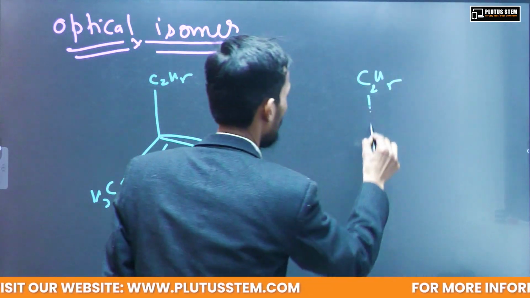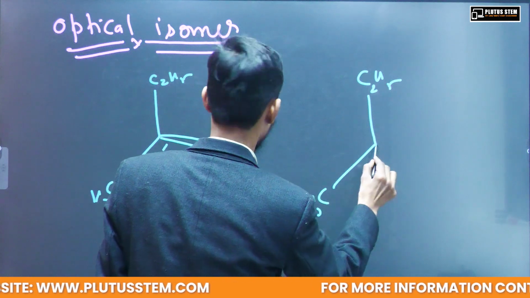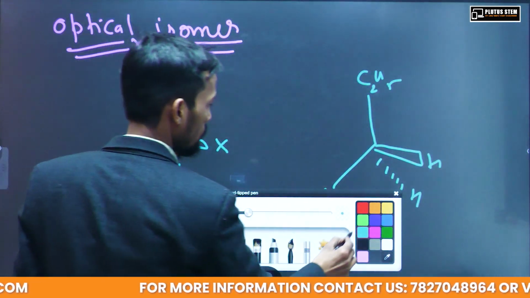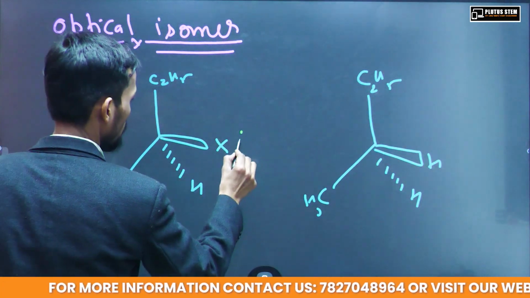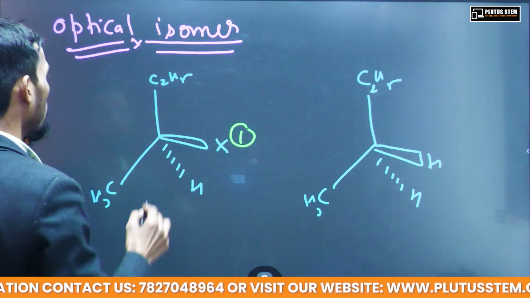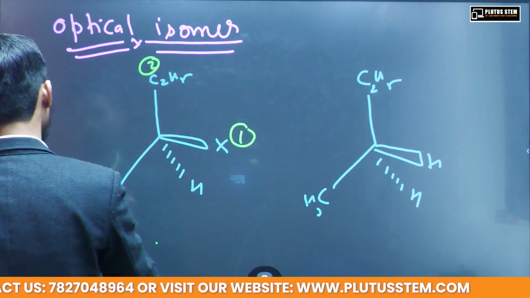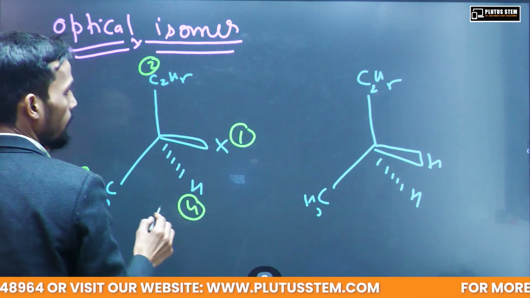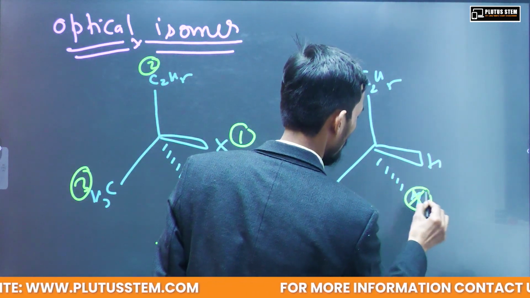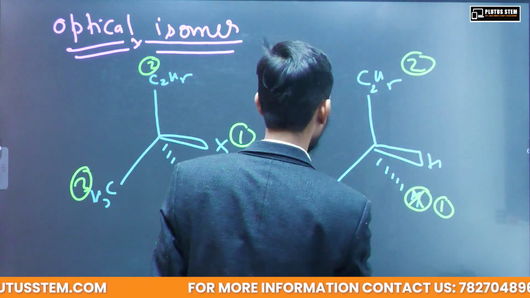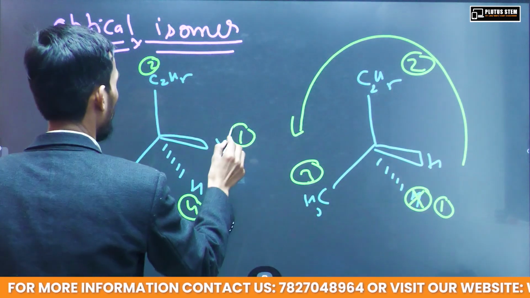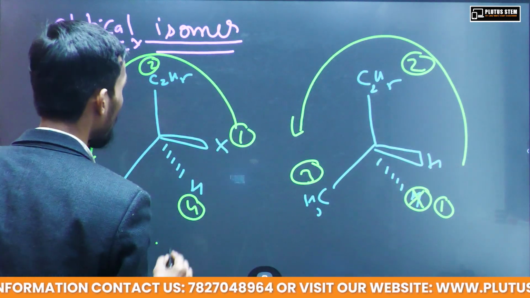C2H5, CH3, this is hydrogen, this is H. So if you see over here, the higher molecular mass group is given priority 1, then priority 2, priority 3, priority 4. And we do a rotation from 1 to 3. Both are anti-clockwise.